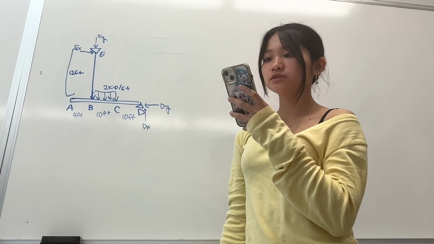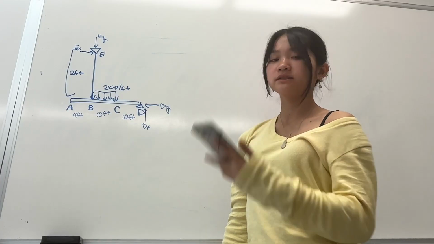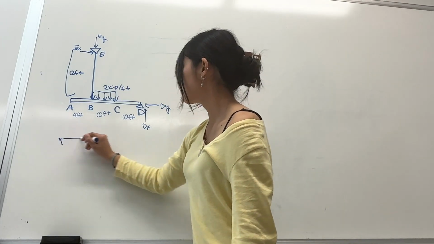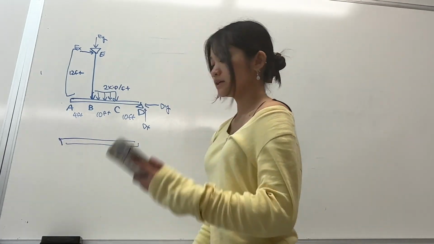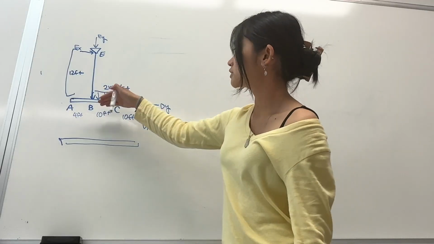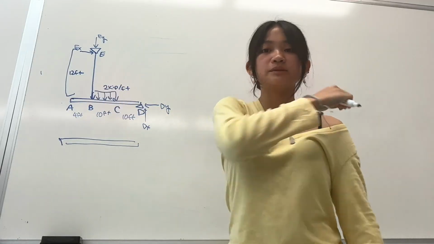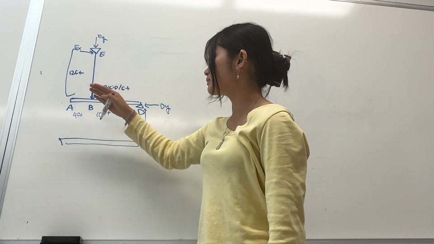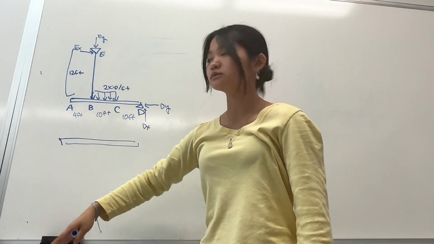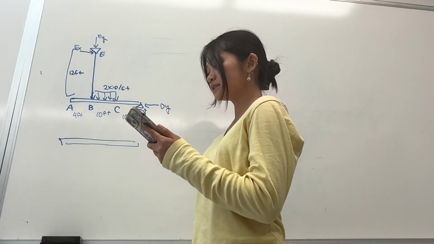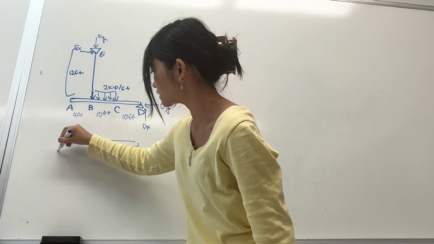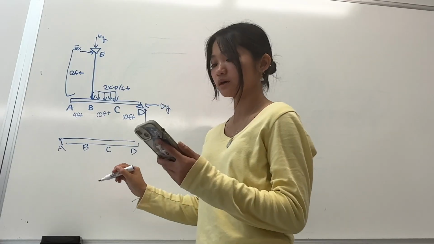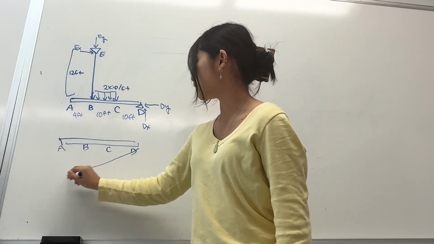And then we can draw our expected kinematics right now. I'll draw it in a new thing, but if our force right here is pushing downwards, we can probably assume that our beam is probably going to tilt this way. So our expected kinematics, if this is A, B, C, D, we can probably draw it like this.